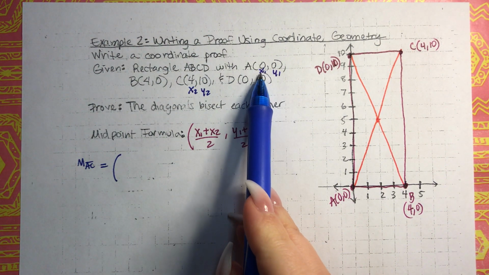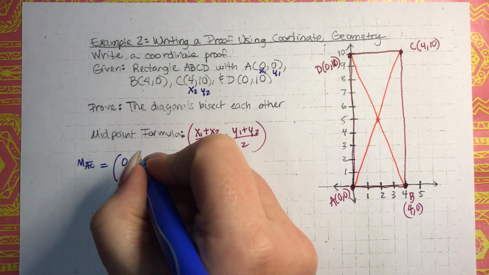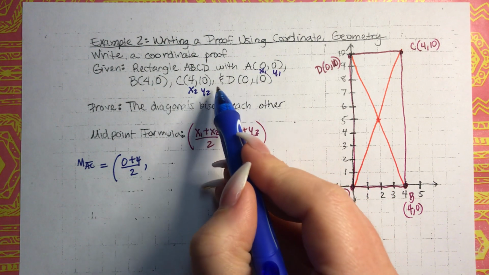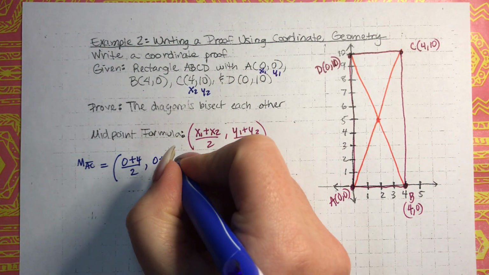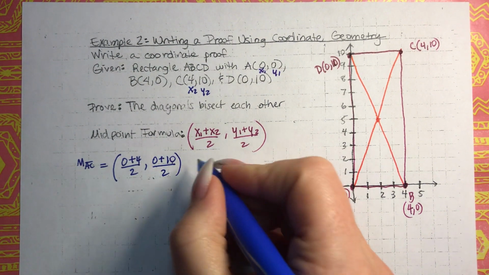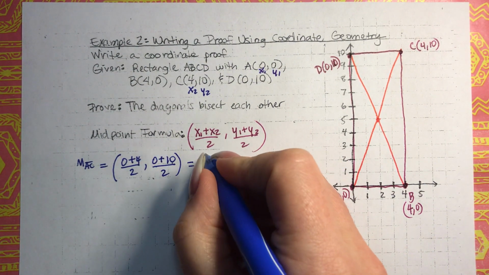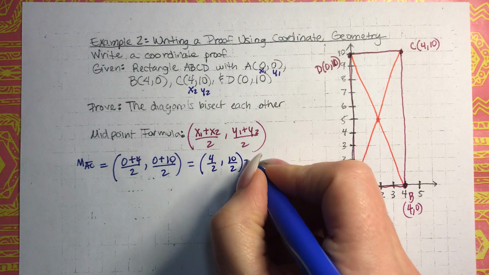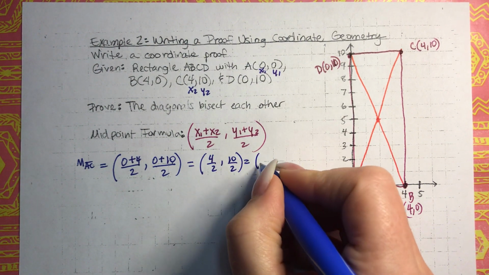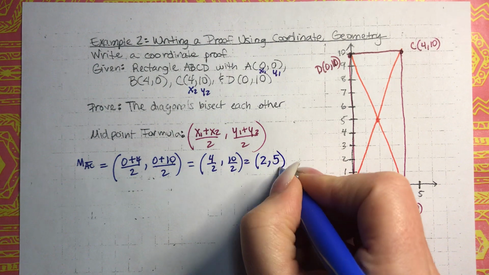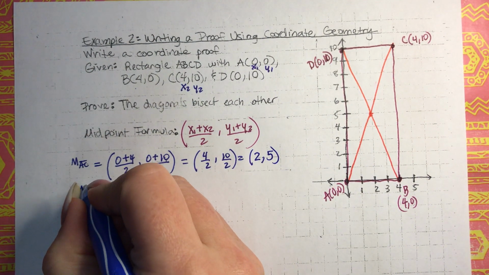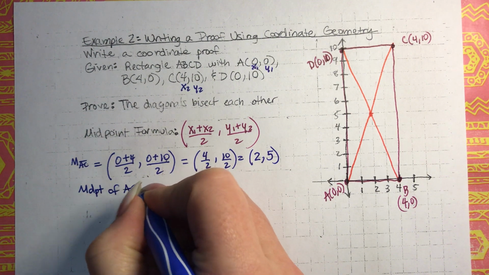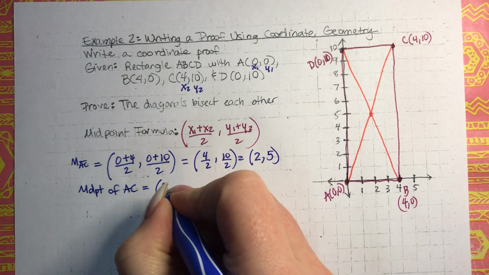So it's going to be 0 plus 4 divided by 2 and 0 plus 10 divided by 2. I simplify. 0 plus 4 is just 4. 0 plus 10 is 10. Keep simplifying. 4 divided by 2 is 2. 10 divided by 2 is 5. So that means the midpoint of AC is equal to 2, 5.